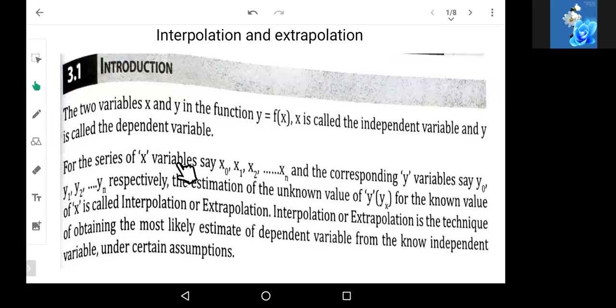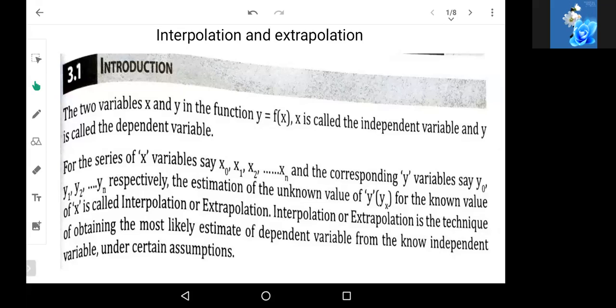If the series starts from x0, x1, x2 and so on, and similarly, y has the series of variables starting from y0, y1, y2 and so on. Remember it is not from x1, x2, it is from x0, and then 0, 1, 2, 3, 4, 5, 6, it will continue. Similarly for y also.